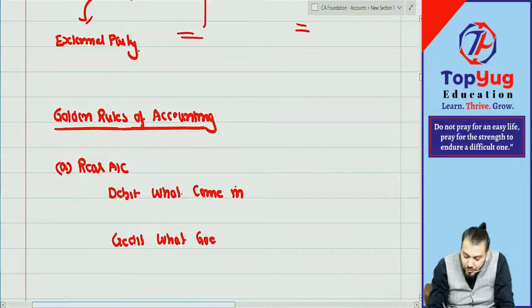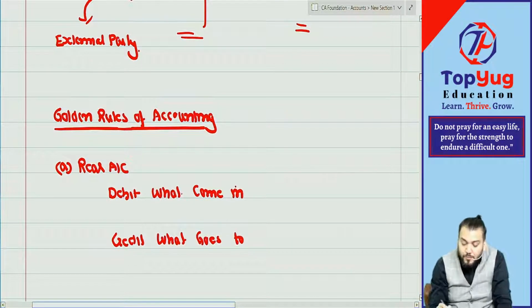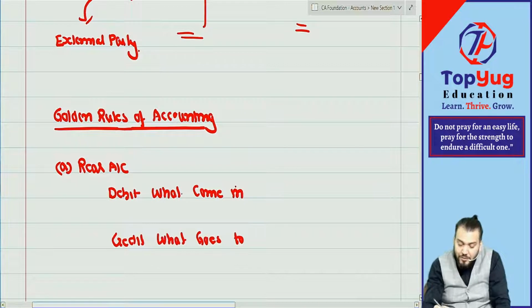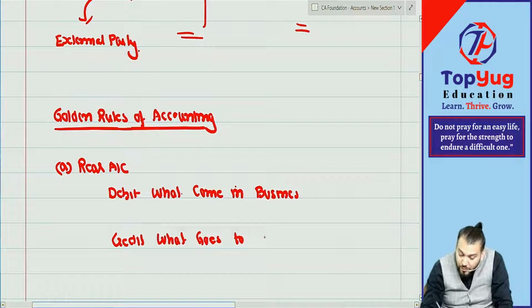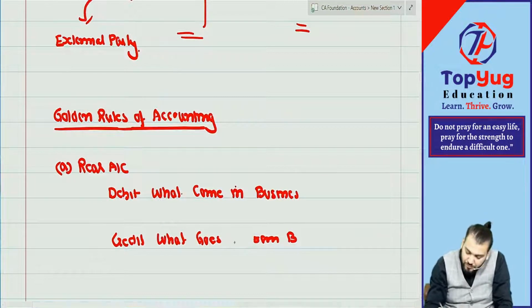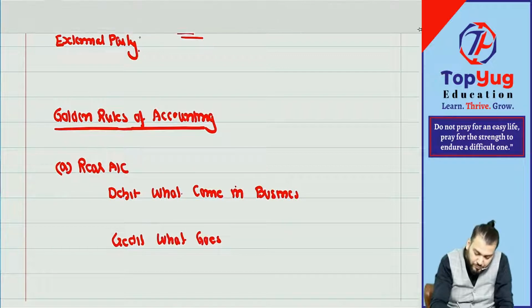But my question to you: debit what comes in, where? In business, this is silent. In business. Credit what goes out? From business.